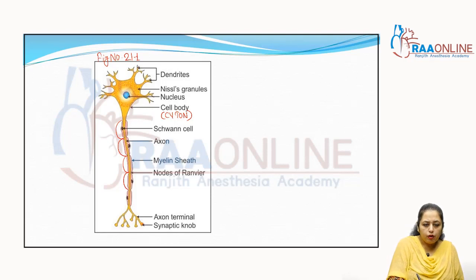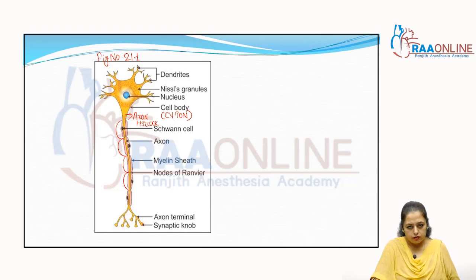That portion of the axon and between the axon and dendrite, that portion is called the axon hillock, where the Nissl's granules are absent. Where the Nissl's granules are absent, that is also the question of pre-medical, right?